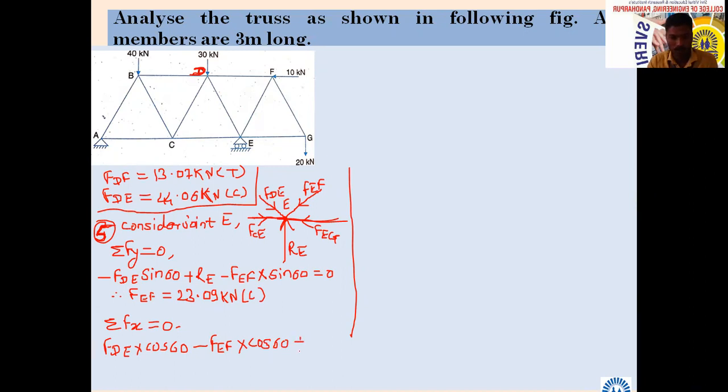What about FCE? What is the value of FCE? It will be plus. Then minus FEF, sorry, minus FEG equal to 0. Which value will you get from this equation? FEG. Calculate and tell me how much it is.